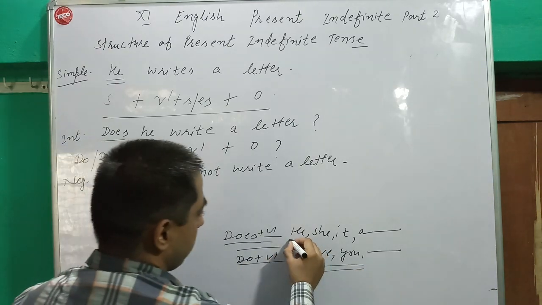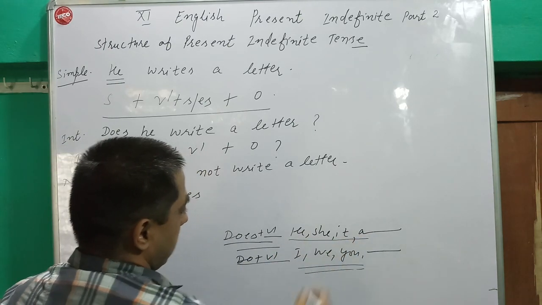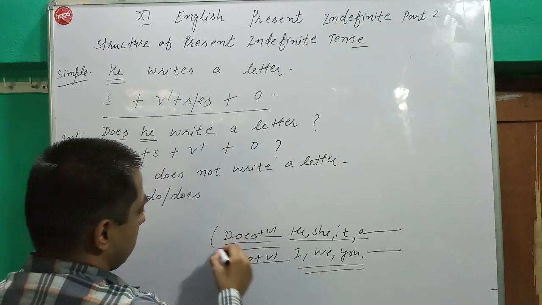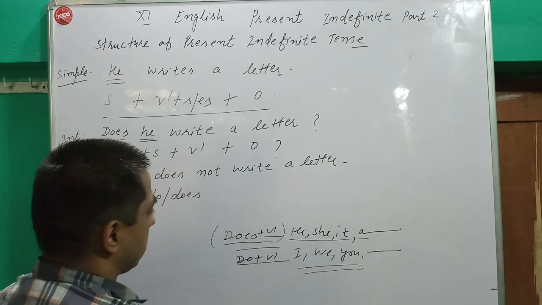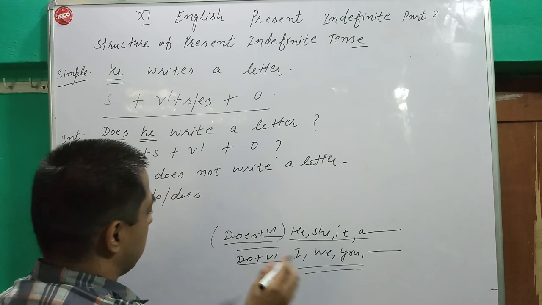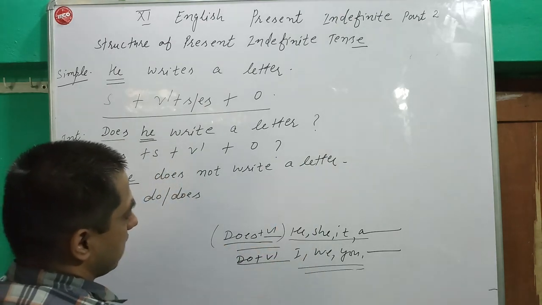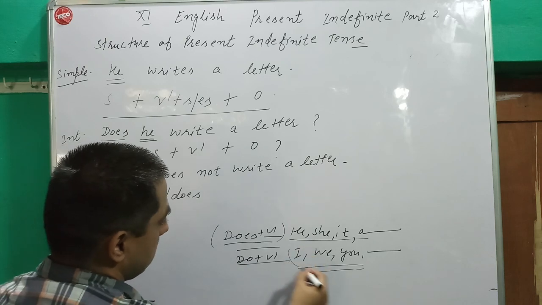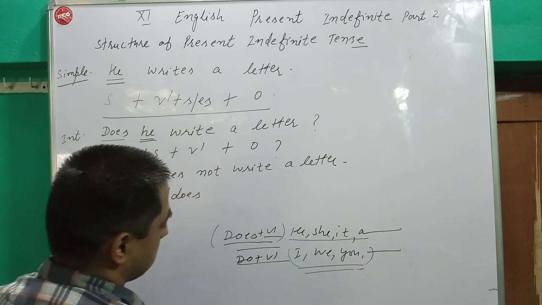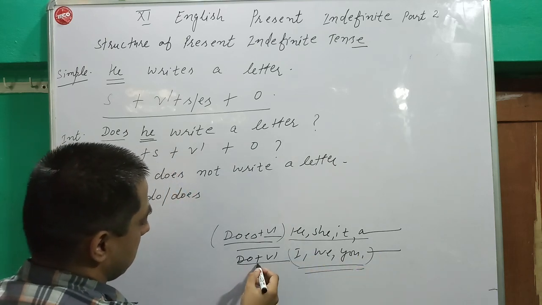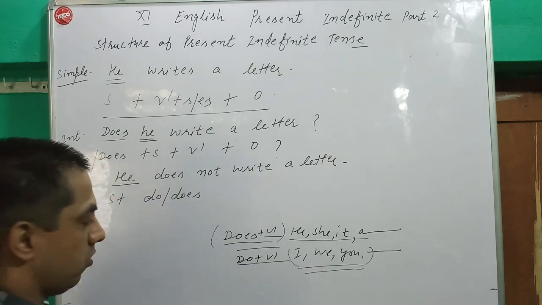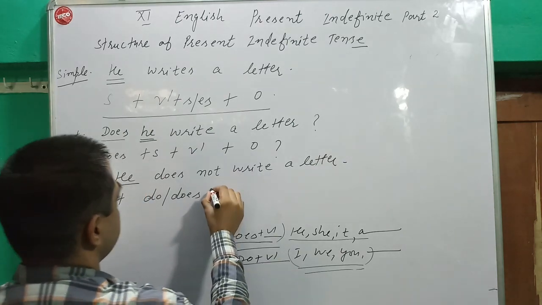If these subjects are applied in interrogative, negative, or interrogative plus negative sentences, then you should apply does along with the first form of the verb. If any of the other subjects is given in the sentence, then you should apply do plus first form of the verb.